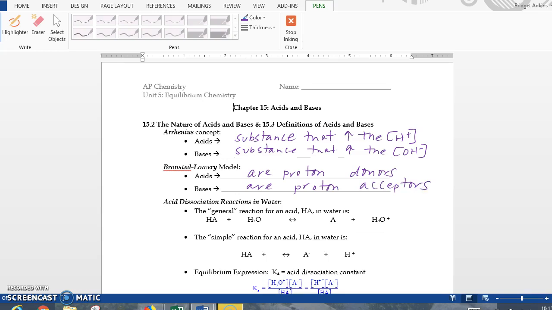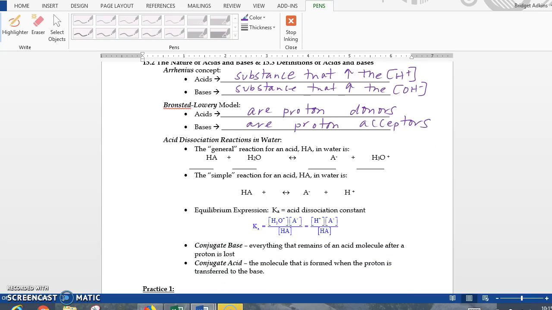Okay, so with Bronsted-Lowry, we have the conjugate acid-base theory that we'll talk about in just a sec. HA is any generic acid. So the acids begin with H unless they're organic acids, and then they end with that carboxyl group at the end.